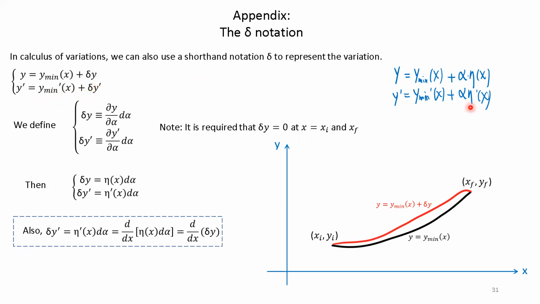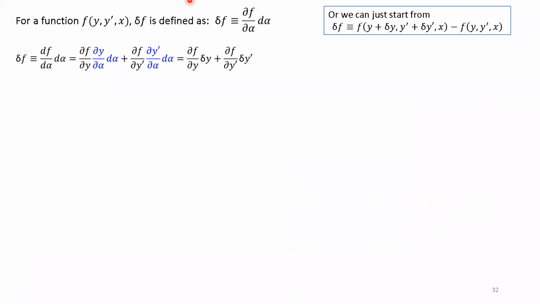Because I'm not doing anything new, this delta y and this delta y prime basically mean this eta x d alpha and this eta prime x d alpha respectively. And because of that, we can just rewrite this df d alpha, which I call delta f, in this notation over here.